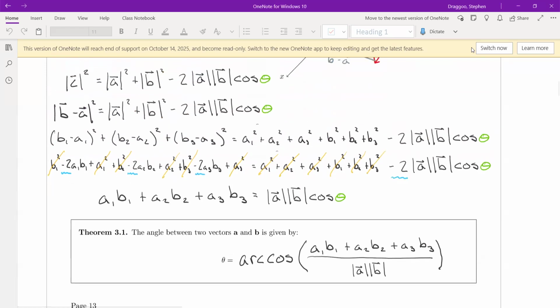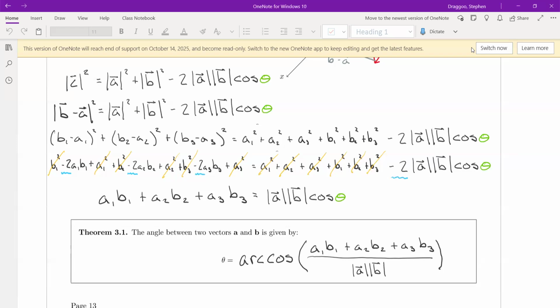Also, I want to point out again that whenever I want to talk about a vector value specifically, I'm going to be putting a hat on it. So all of those A's, B's, and C's that have the hat on top of them mean that they're vectors. And when I start talking about components, like A1, A2, and A3, those are now all scalar values.